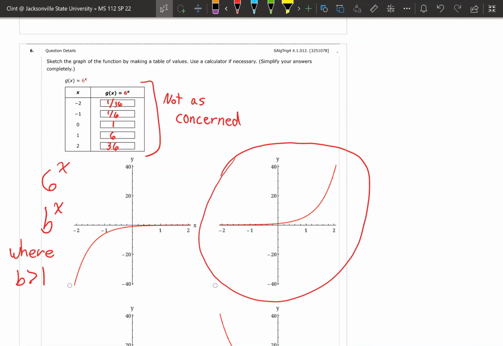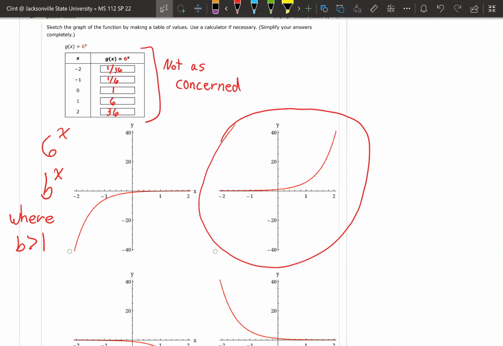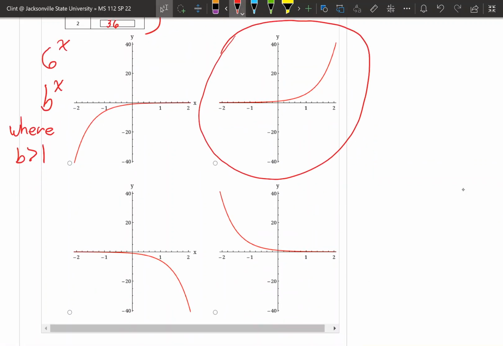Do the little table, figure out what some points should be on the graph, and you can check to see if they look like they should be on there or not. Like (2, 36) is not on that one, but (2, 36) is on that one. So you can use that to help you if you need to.